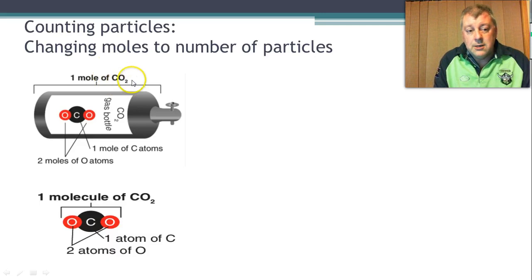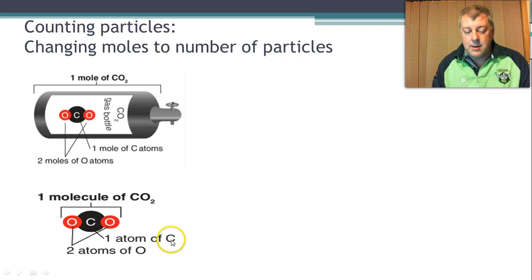Let's imagine a gas bottle, and in that gas bottle we've got 1 mole of carbon dioxide. Carbon dioxide is a covalent molecular substance, so we have 1 mole of carbon dioxide molecules. Each molecule of carbon dioxide is a carbon with 2 oxygens. So in one molecule we have two atoms of oxygen and 1 atom of carbon.